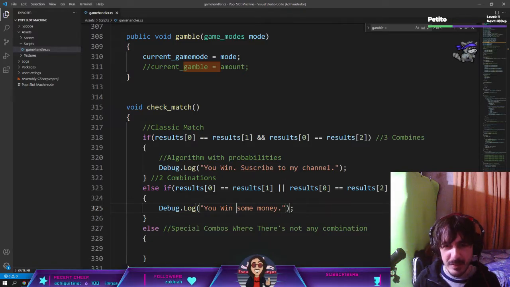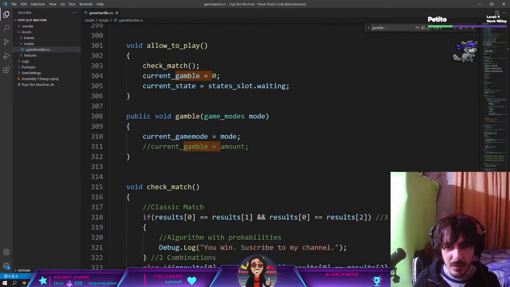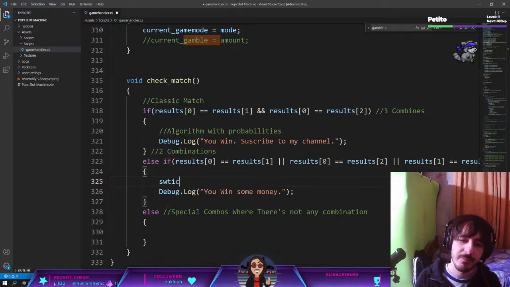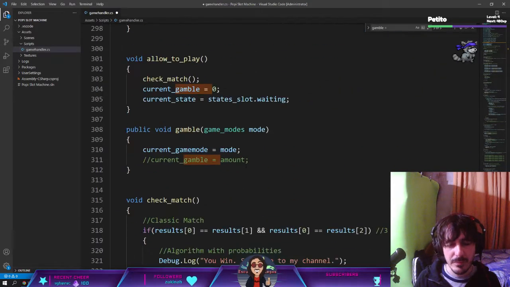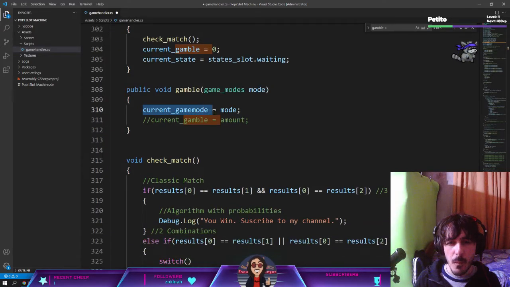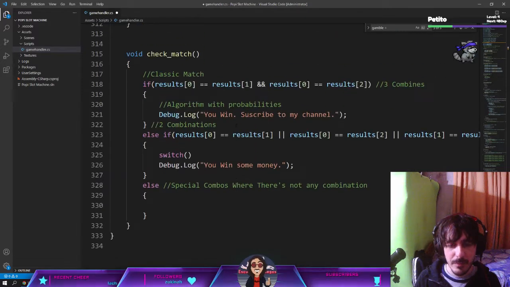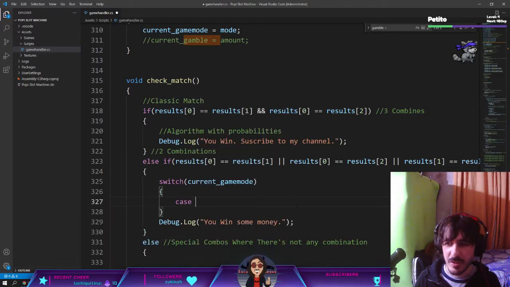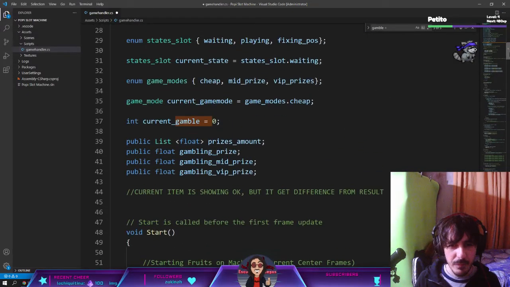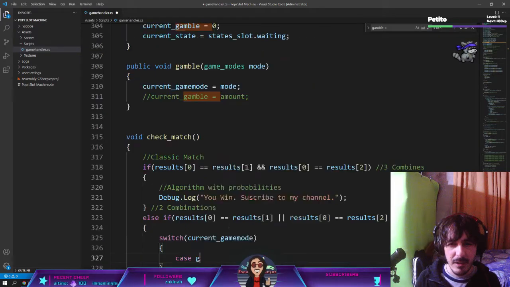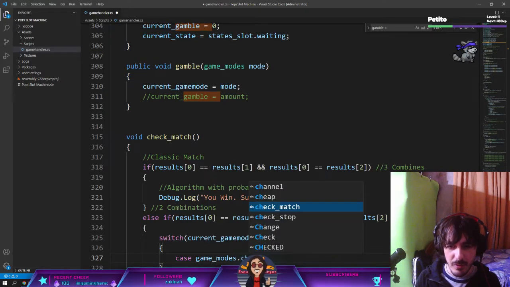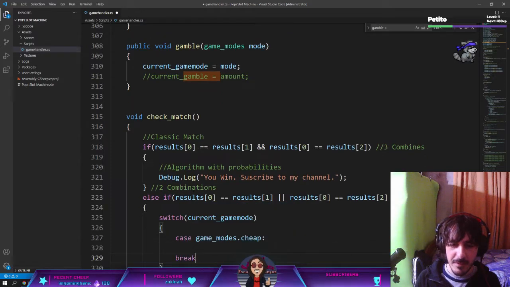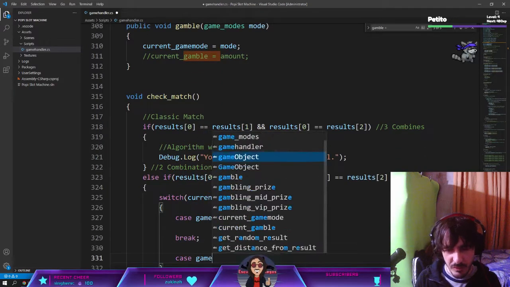Okay, now in this case I have to see which game mode I have to establish the price. I have to select the game mode, and I have to determine all the cases. I have which cases: game mode dot cheap. If I'm on the cheap mode, I will do something.